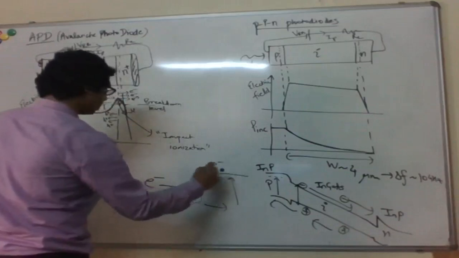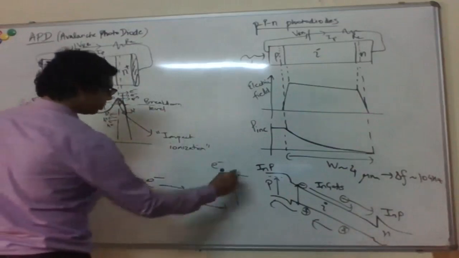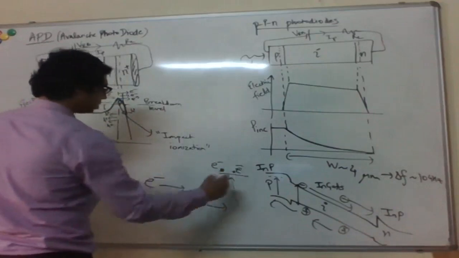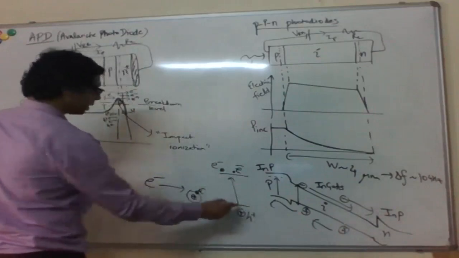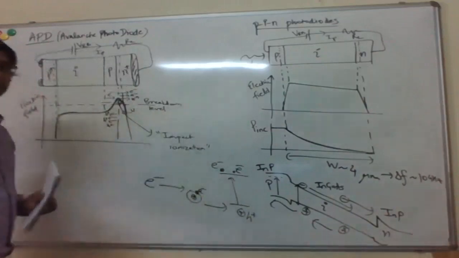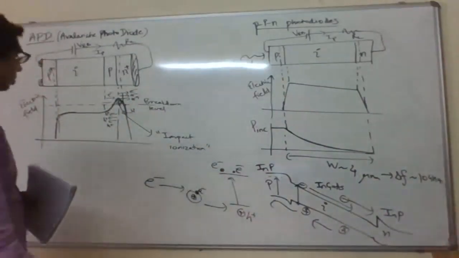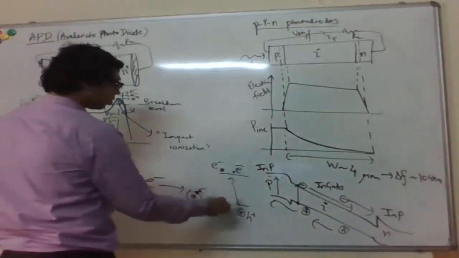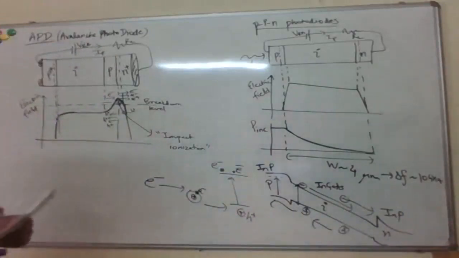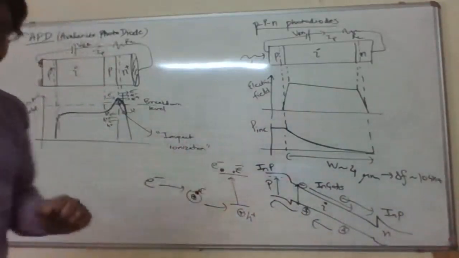So now you have the original electron, and now this extra electron also in the conduction band, and also a hole in the valence band because of this electron being excited into it. Okay, so basically, an incident electron has now created an extra electron hole pair after this impact ionization process.